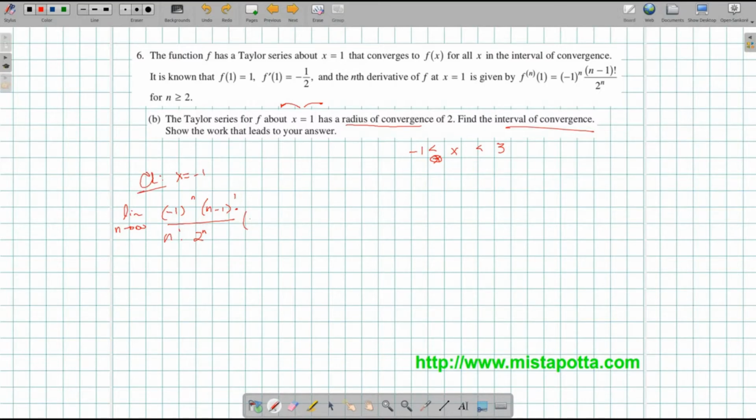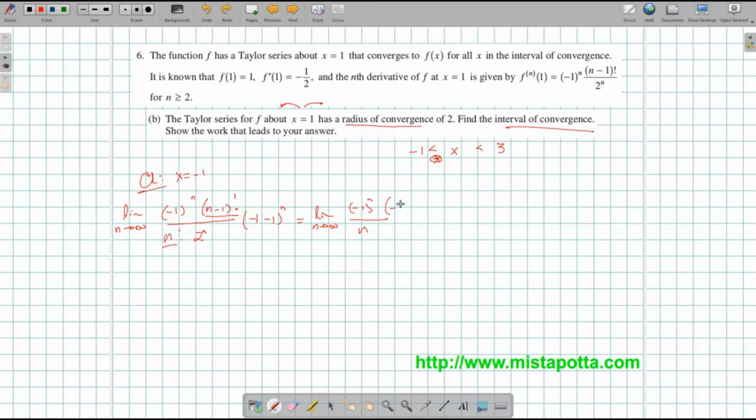So for this, that's going to be negative 1 minus 1 to the n. So what I've really got here is the limit as n increases without bound of negative 1 to the n times n minus 1 factorial over n factorial, so I'm going to have just an n in the denominator.